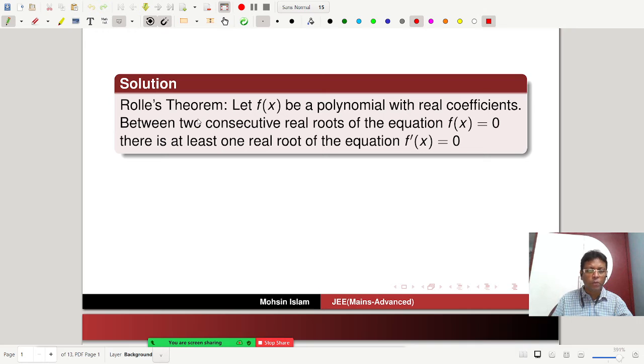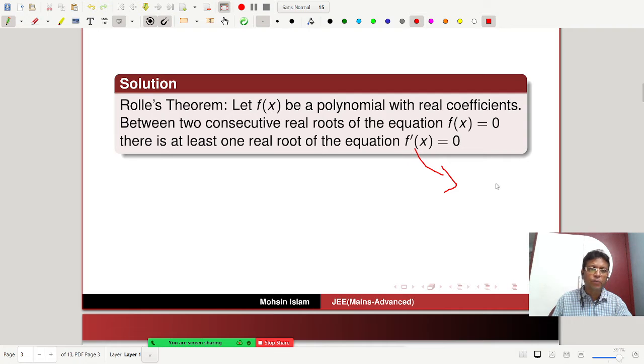What is the polynomial version of Rolle's theorem? If f(x) is a polynomial with real coefficients, it must have real coefficients. Then between two consecutive real roots of the equation f(x) equal to 0, there is at least one real root of the equation f prime x equal to 0, that is the derived polynomial.